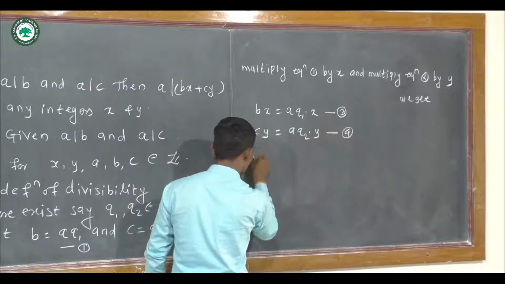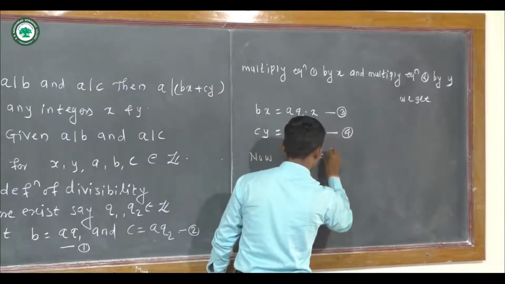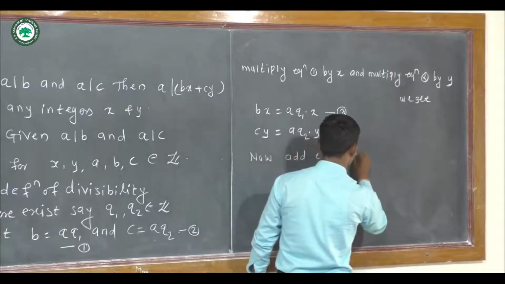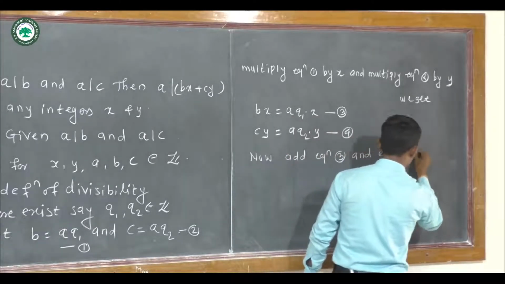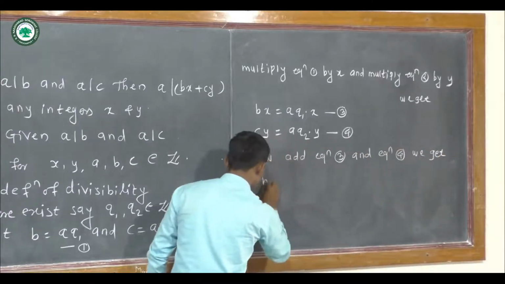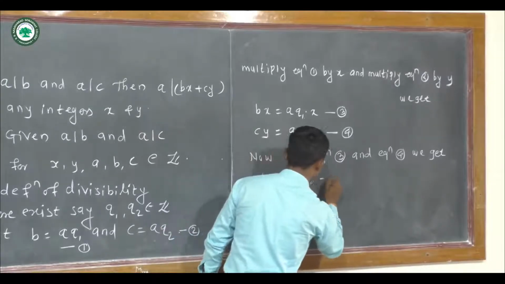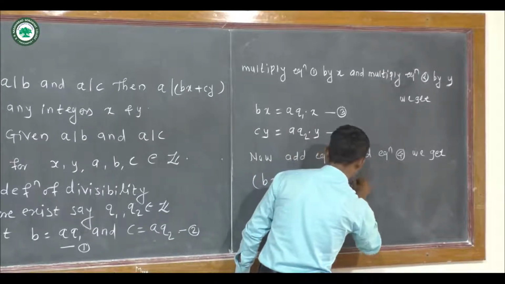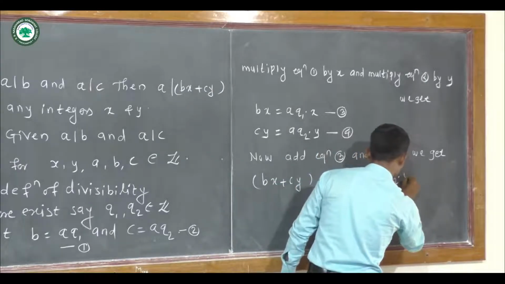Now add equation 3 and equation 4, we get bx plus cy is equal to a into q1 into x plus a into q2 into y.